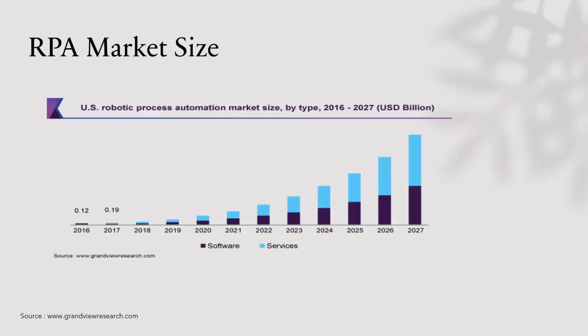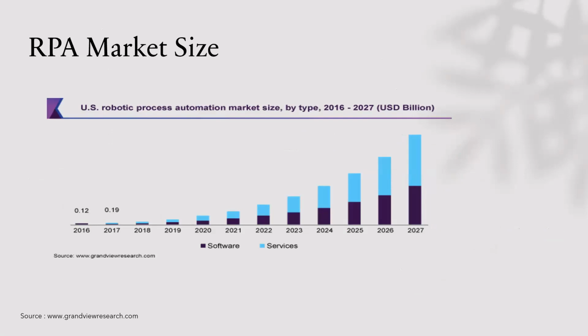Okay, moving ahead, what is the market size for this particular technology? Okay, you can see the graph over here. The graph clearly depicts how the need for RPA is going to be increased over years. In 2016, it was 0.12 billion US dollars.